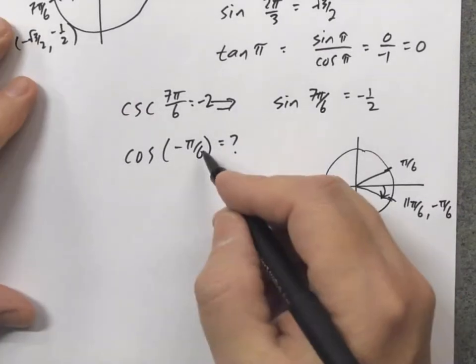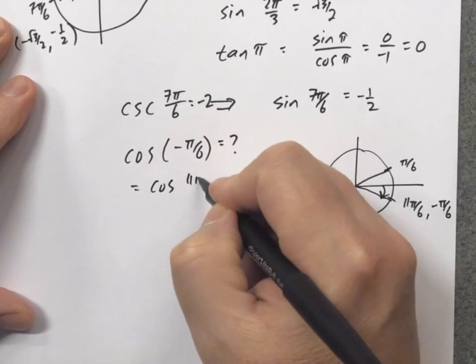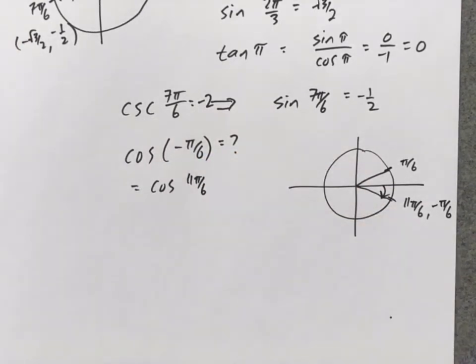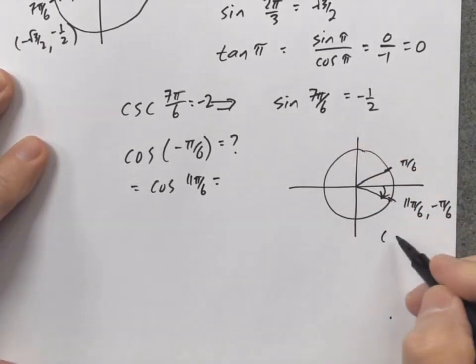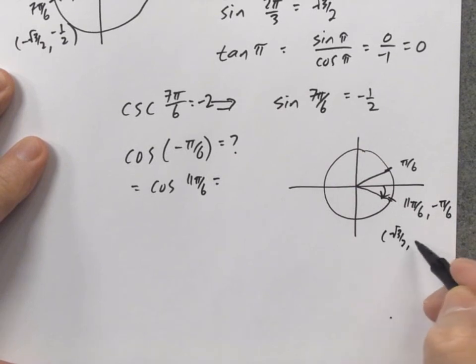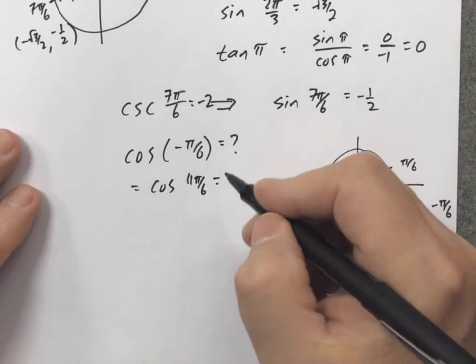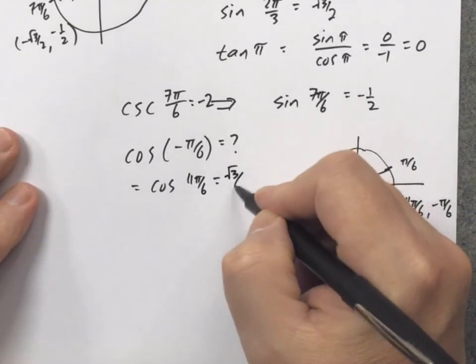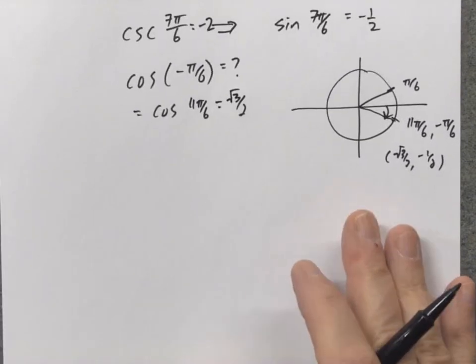So therefore, cosine of negative pi over 6 is the same thing as cosine of 11 pi over 6. So that point there, square root of 3 over 2, negative 1/2. Cosine's like the value of x, square root of 3 over 2. And let's do one or two more. Now here's one.